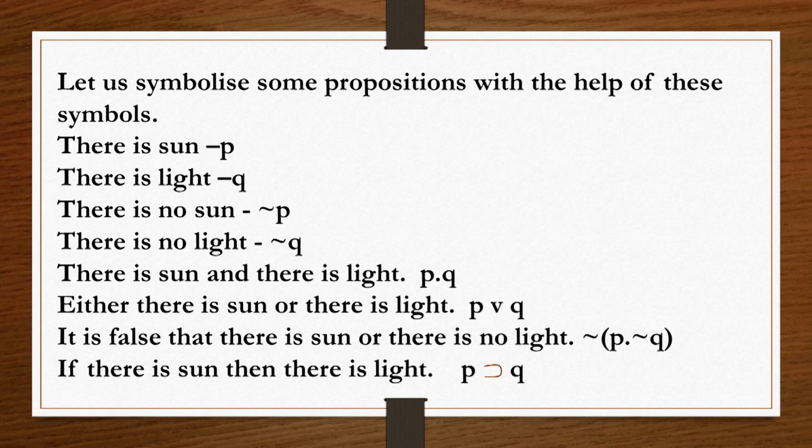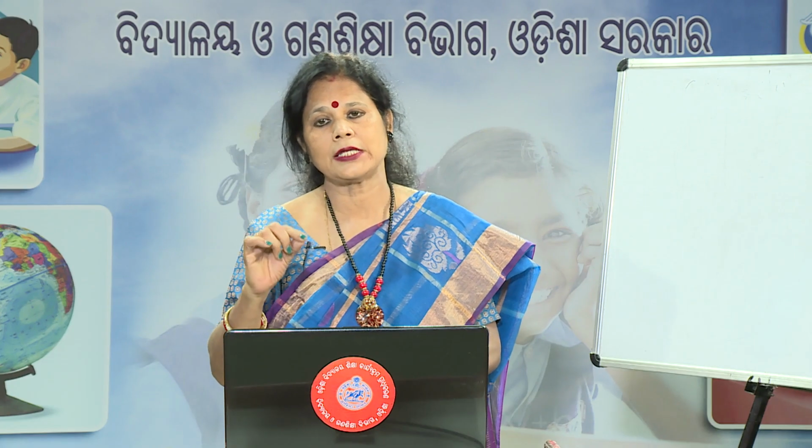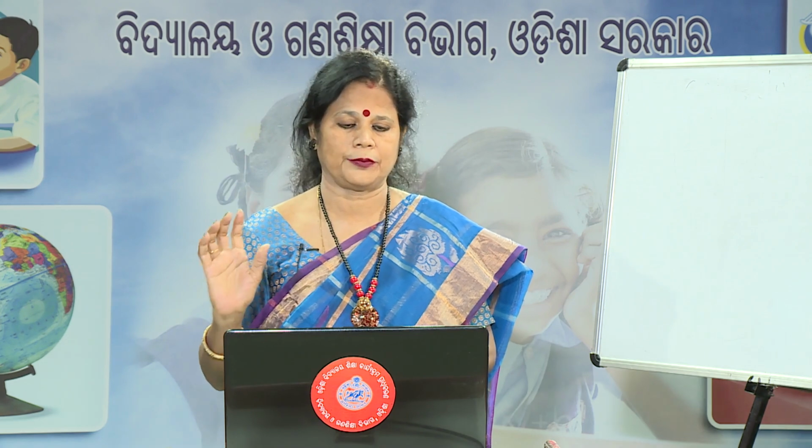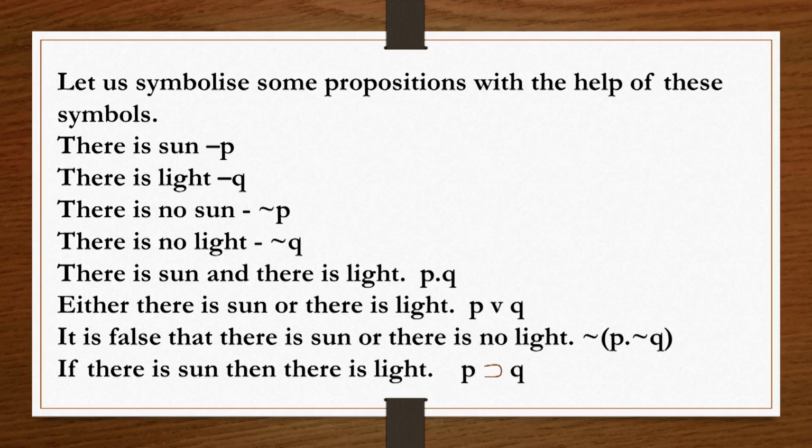This is a proposition. How will we symbolize a proposition, and how will we symbolize an argument? A question may come: symbolize this proposition, symbolize this argument. There is sun: for there is sun I can write p. p is a variable. There is light: for that I write q. q is the variable. If the proposition is there is no sun, what will be written? For there is sun we write p, and there is no sun is not p.